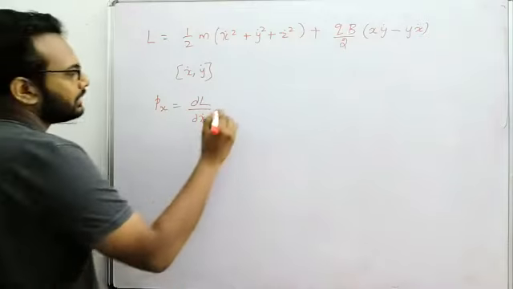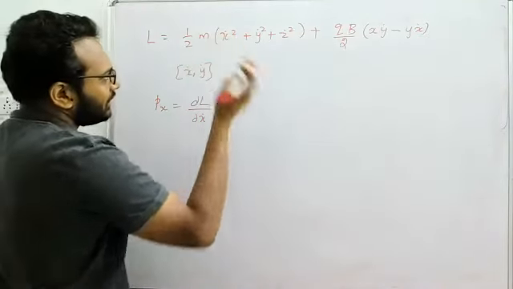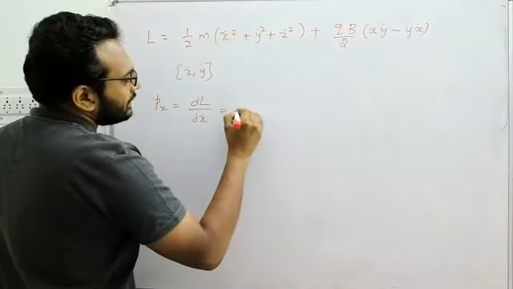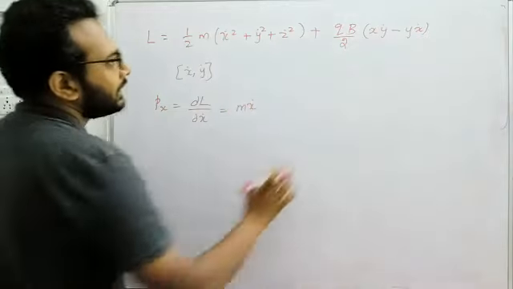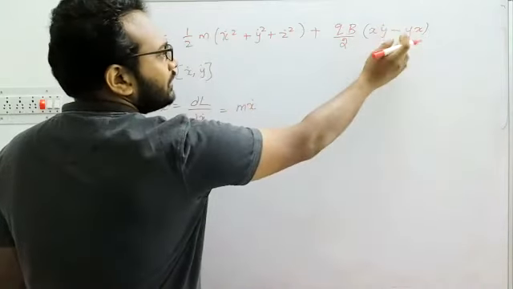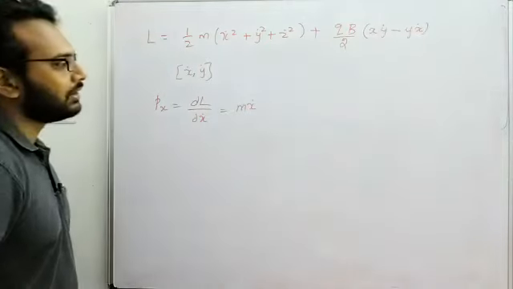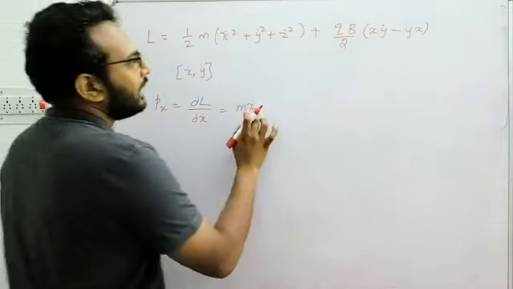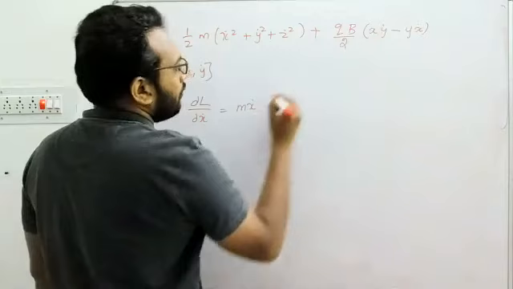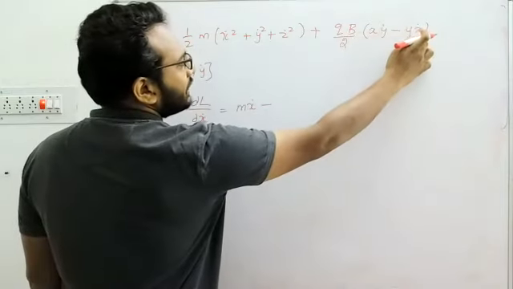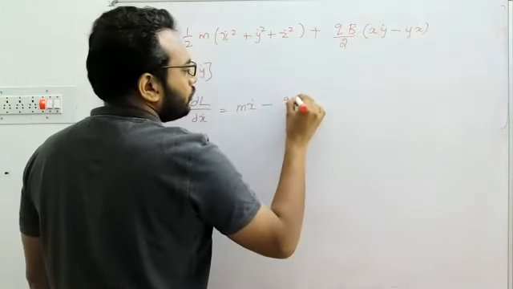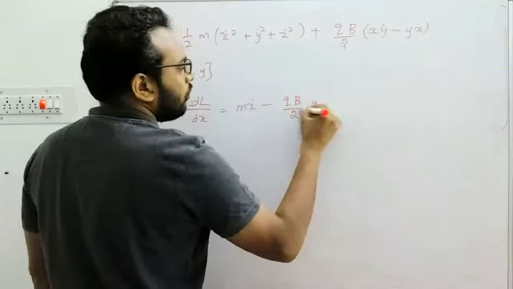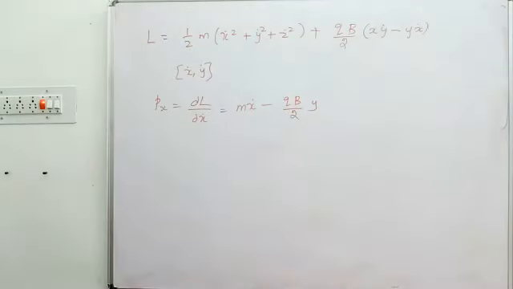It's known as the conjugate momentum. ∂L/∂x dot, you take the derivative with respect to x dot, so that is m x dot. And here also there's an x dot. This is the velocity dependent potential, so m x dot minus, because there's an x dot there, qB divided by 2 times y. So px is m x dot minus qB by 2y. Is that correct?